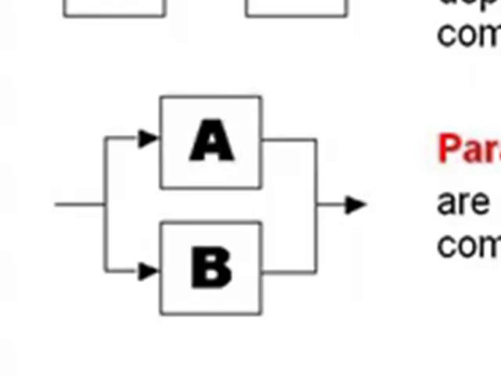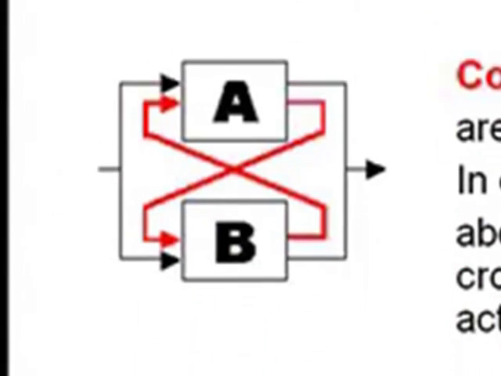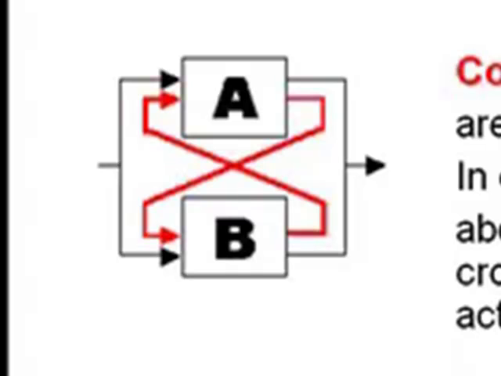Parallel tasks are really independent tasks, that is, A or B can be started at any time without affecting each other. And then we get coupled or cross-coupled tasks, which are chicken and egg tasks, and these tasks are actually the ones that cause us the most problem and make up the risk profile typically of a project.